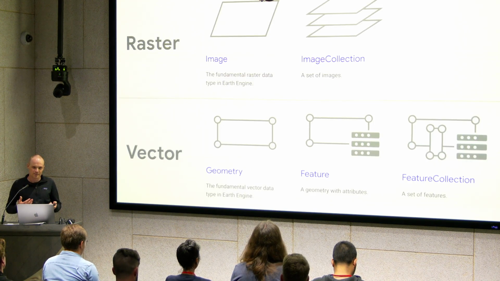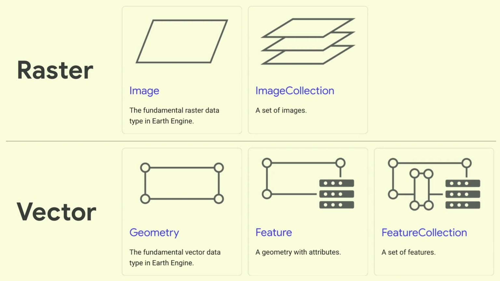So we've got these two really ubiquitous geospatial data formats, raster data and vector data. And within Earth Engine, raster data are represented by the image class. And an image has pixels, it has bands, it has properties. And then an image collection is a series of images that share properties.